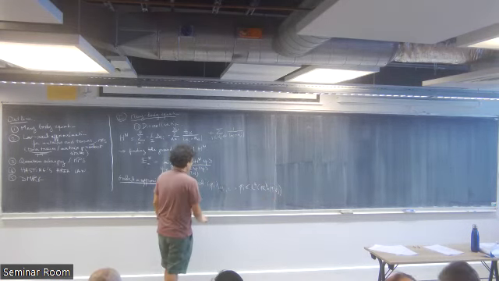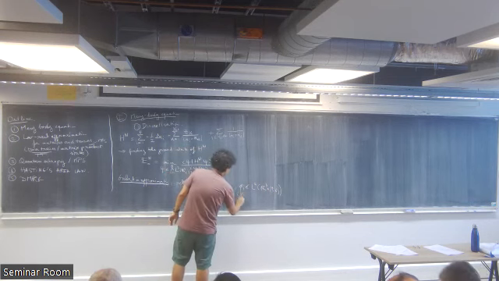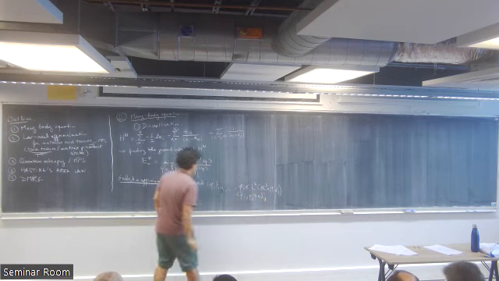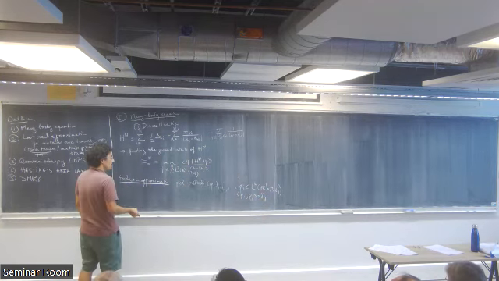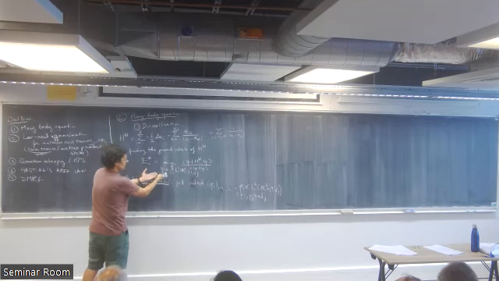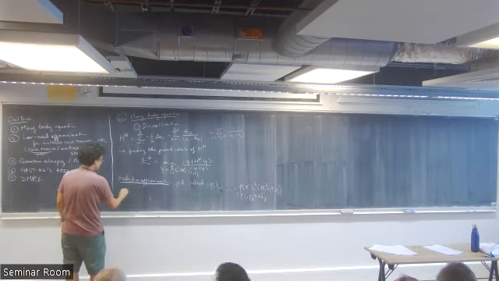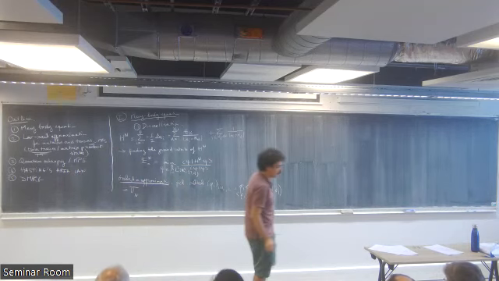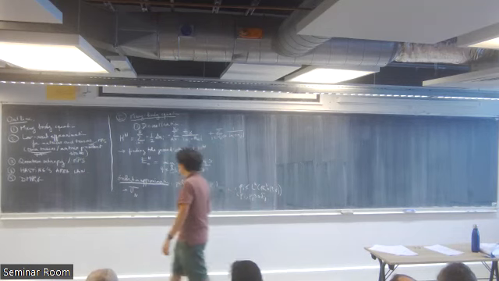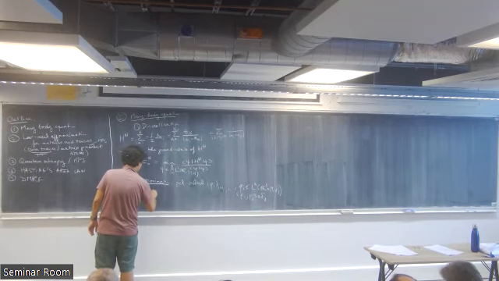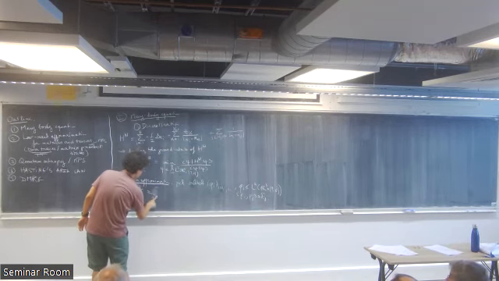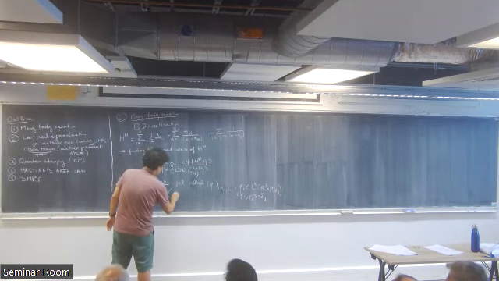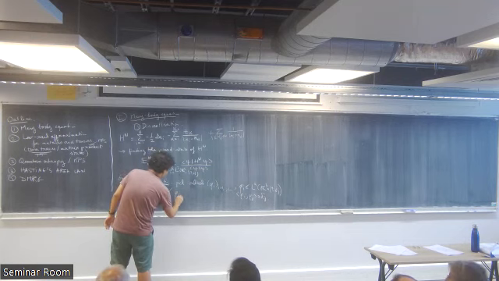And I assume that they are orthogonal. Then the approximation space that I will choose to approximate this big L2 space is the following. It will be the span of, well, I write the formula.